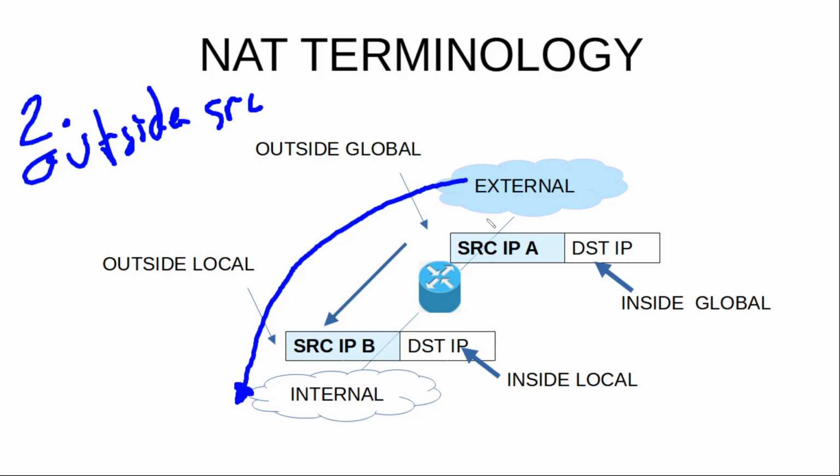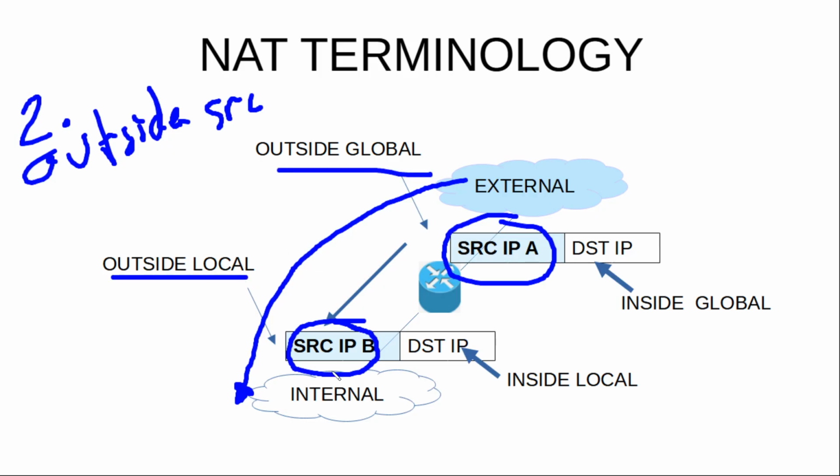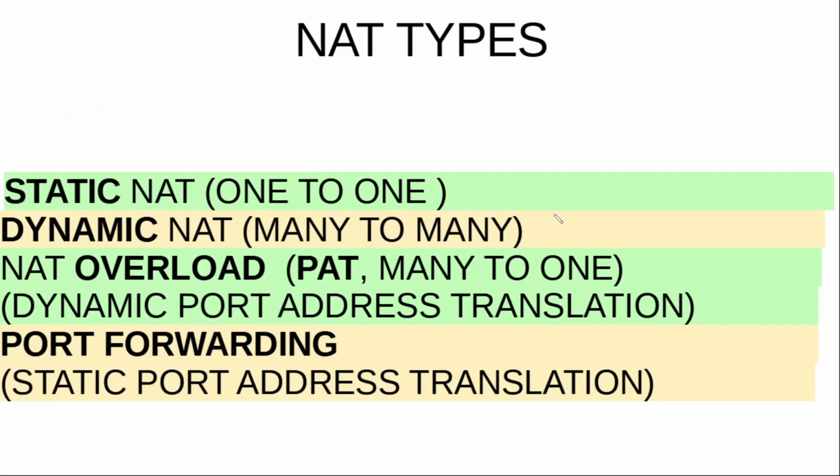And in this case, you want to change the source IP address for that traffic. This is known as the outside global IP. This is known as the outside local IP. And the inside global and the inside locals remain the same. So bear that in mind.